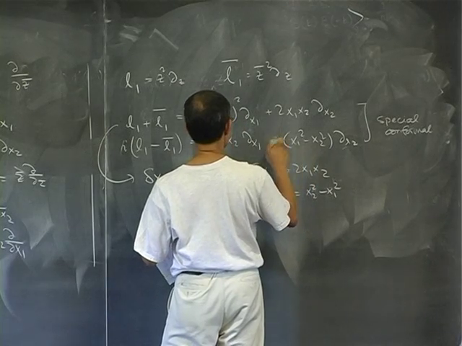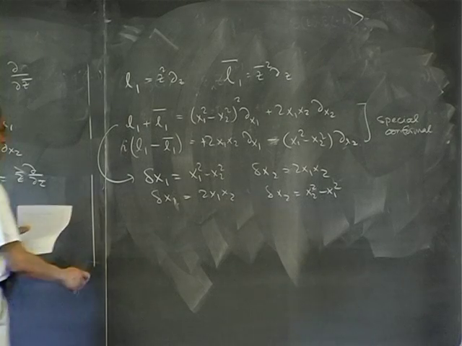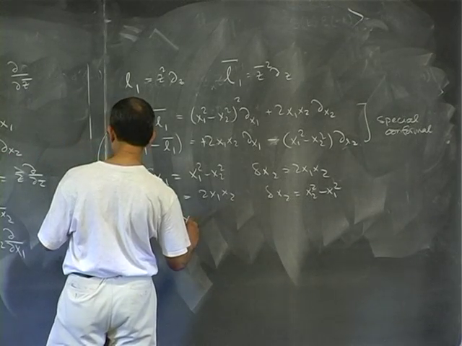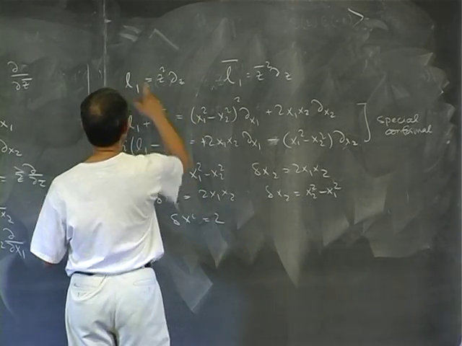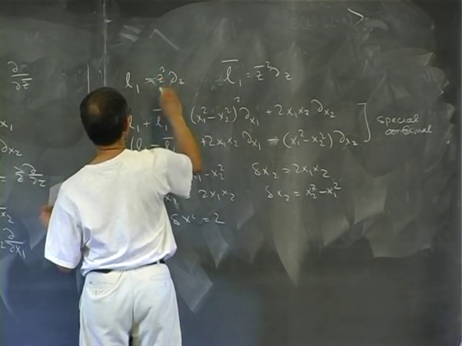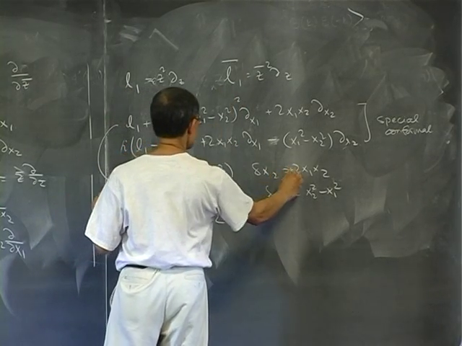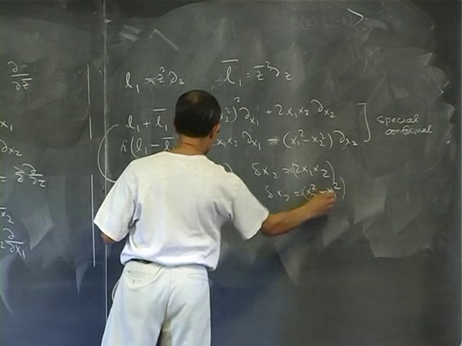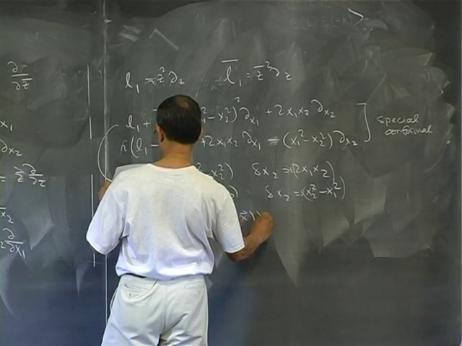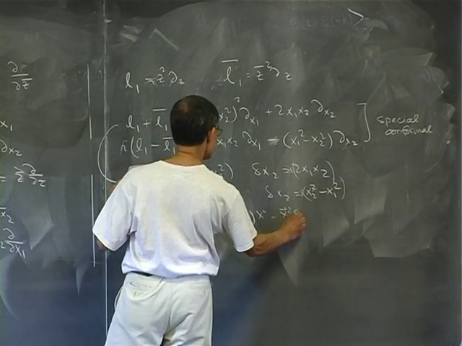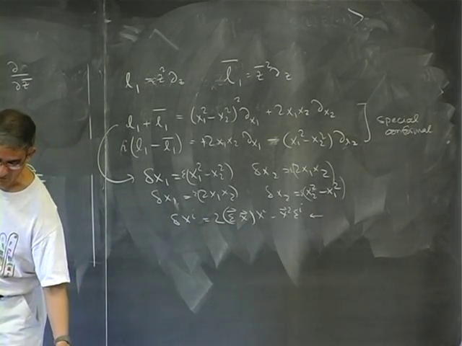I think there is a minus sign here and a plus sign there. Okay. These two can be combined into a single formula. So, if I put back, there is always a parameter epsilon. So, this parameter epsilon just hangs on with all of those. So, this is the formula for the special conformal transformations.